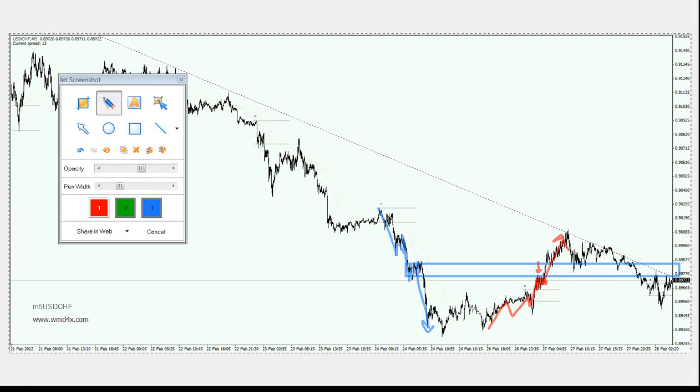So if this was going to reverse from here, usually you would find quite a steady move down. You wouldn't find over a long period of time that it's going into consolidation, right? So that's the structure that you've got going on here. Okay, that's the very basics of trading clusters.